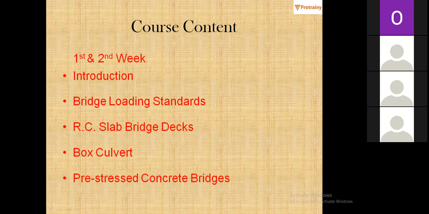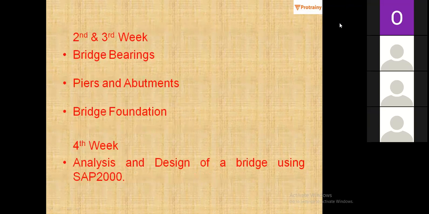Then after covering introduction and bridge loading standards, we can move on to specific types of bridges like RC slab bridge decks, then comes box culvert, then comes pre-stressed concrete bridges in the second and third week.